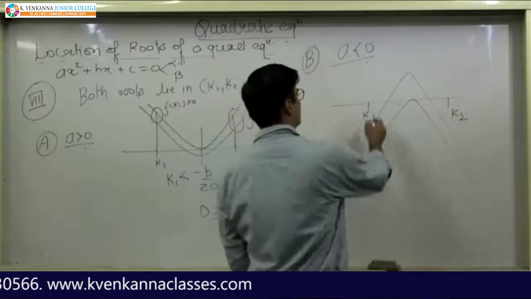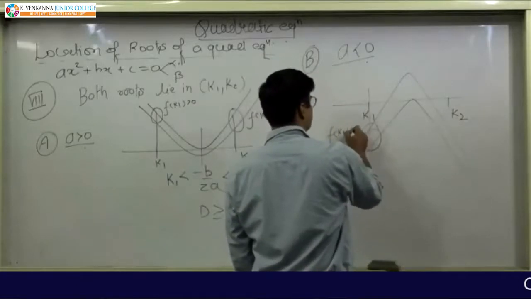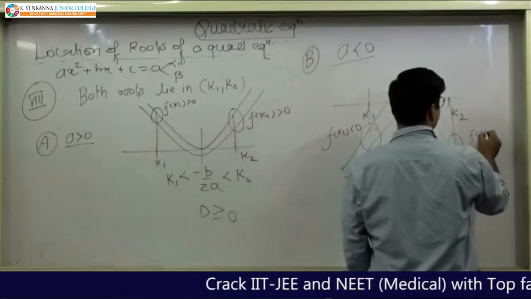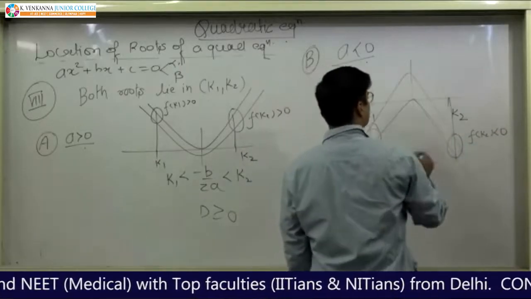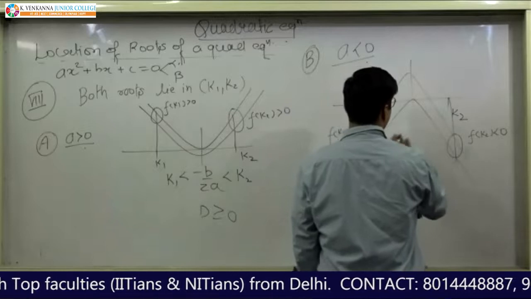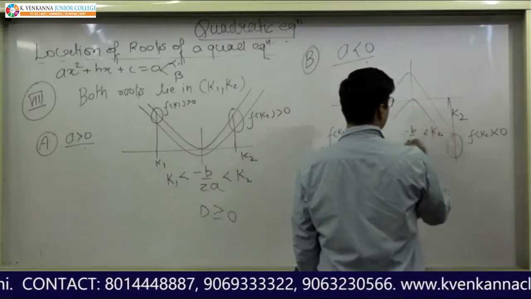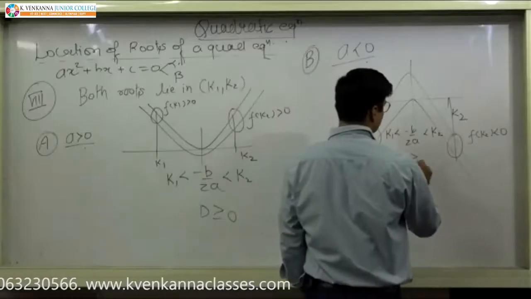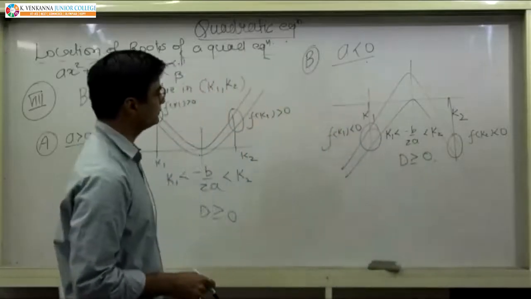That means f of K1 is lesser than 0 and f of K2 is also lesser than 0. And this turning point, minus b by 2a, is lesser than K2 but greater than K1, and discriminant is greater than equal to 0. Okay.